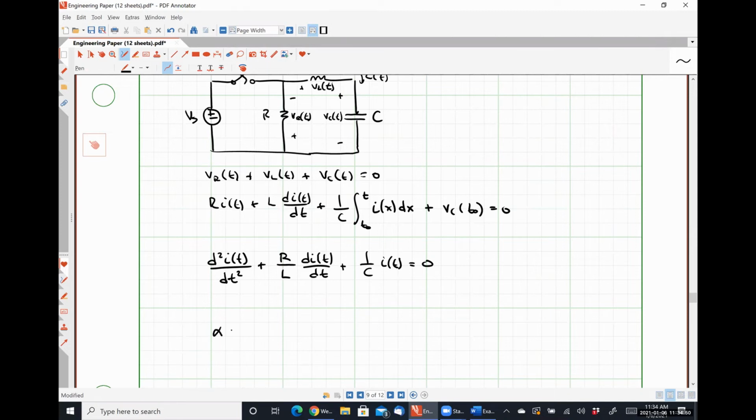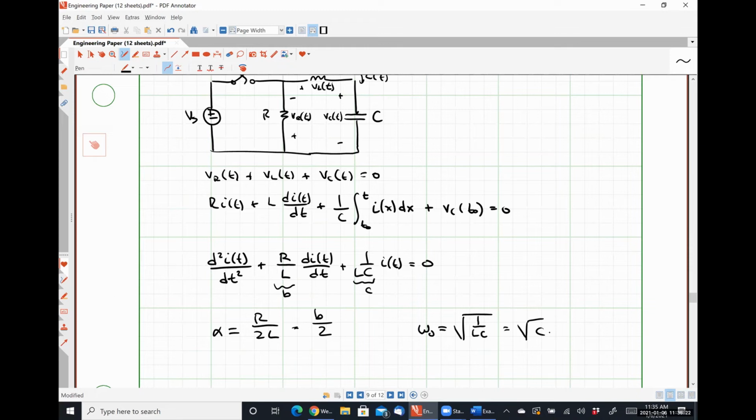And again, we know that alpha is R divided by twice L, omega naught is equal to the square root of 1 over LC. Sorry, this should be LC here. And so if this is my coefficient B and this is my coefficient C, we again see that alpha is simply B over 2 and omega naught is the square root of C. So it doesn't matter whether it's a series or a parallel RLC circuit.